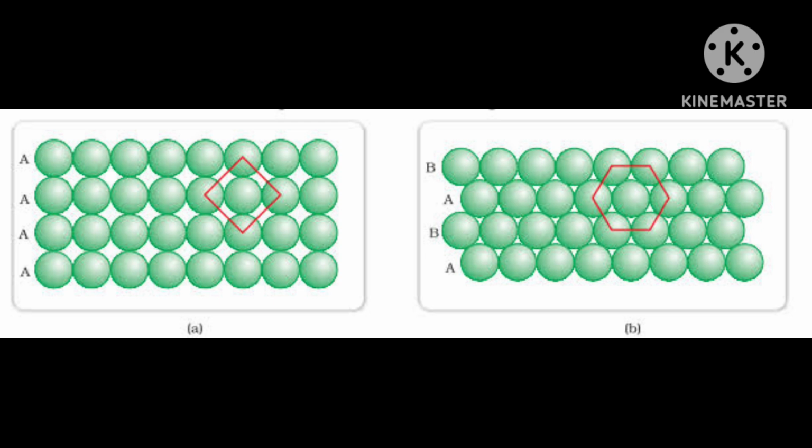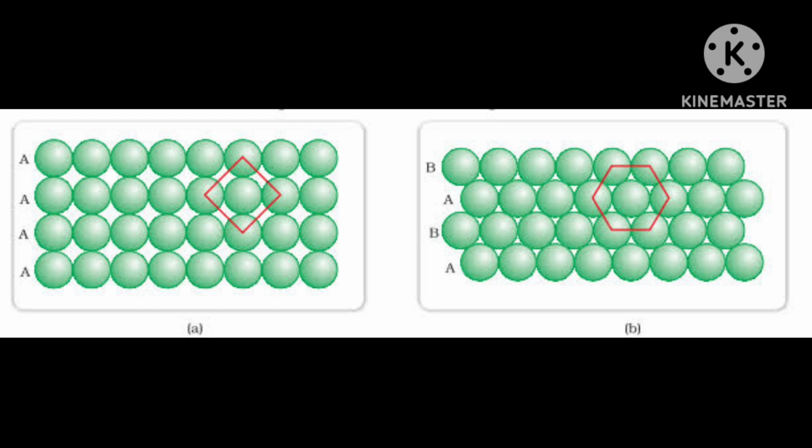That is the hexagonal close packing. And the first was called square close packing because it is making a square shape. First case square, second case hexagonal. This I have told you in 2 dimensions.